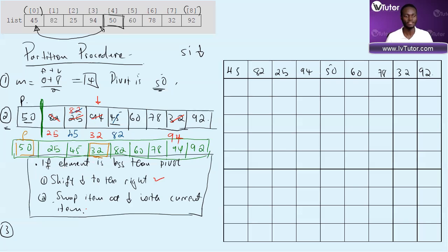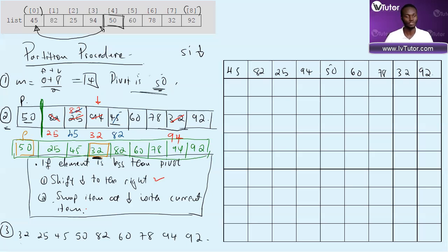So if I rewrite these numbers, now I have 32 sitting here, 25, 45. Now my 50 is now here, and I have 82, 60, 78, 94, 92. Here's my list. And which one was my pivot?